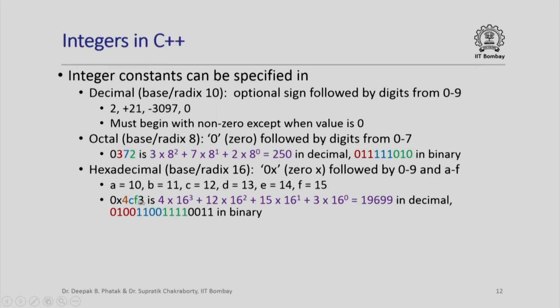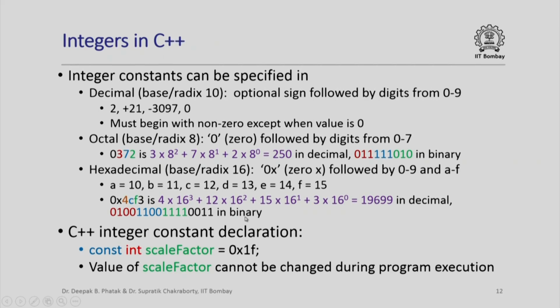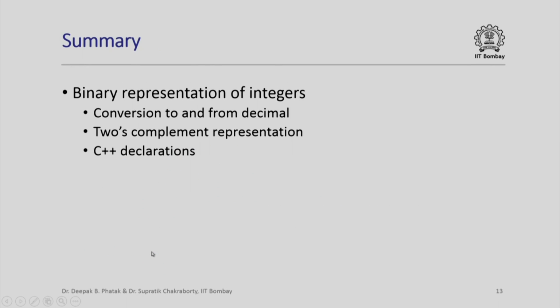So if I have a number like this prefixed with 0x, it is a hexadecimal number, and using the usual expansion in base 16, I could figure out what number it is in decimal and what number it is in binary. As a declaration, I could say that something is a constant integer. So here this is a constant name scale factor, this is a constant integer, and this is the value of this constant, and when I say constant, then the value of this cannot be changed during program execution.